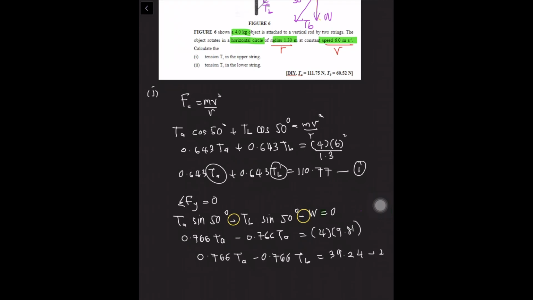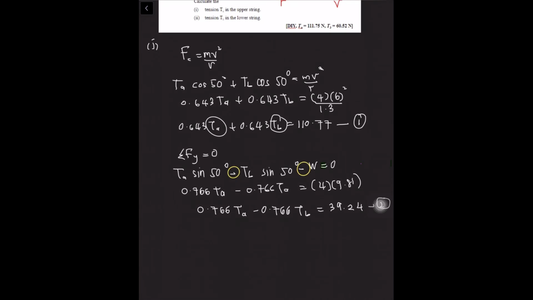So this is our second equation. By solving equation 1 and equation 2 simultaneously, you may use your calculator's mode for solving simultaneous equations. You will find TA is equal to 111.78 Newton. So it answers our first question.